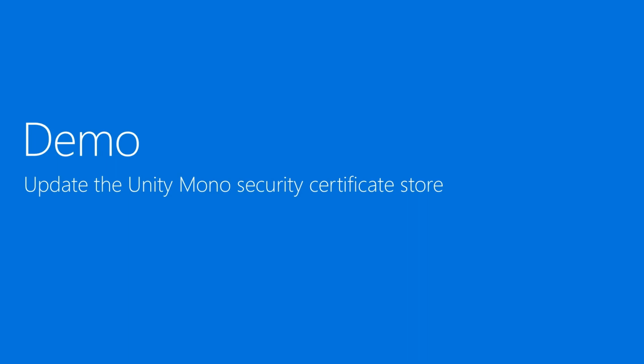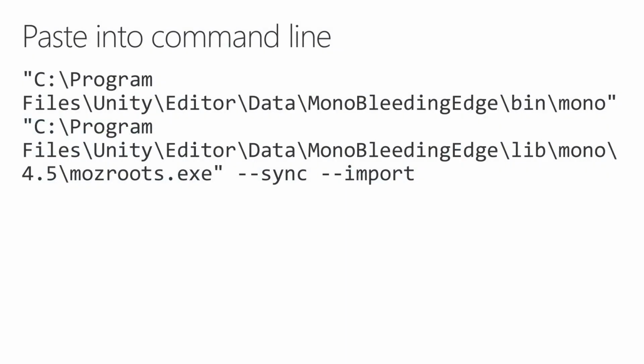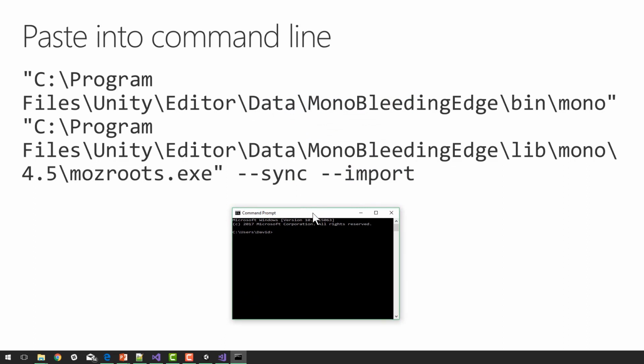So this is the command that we're going to have to paste into the command prompt. So I'm going to open my command prompt here, and this is kind of a lengthy command, so we'll try and paste it into chat so that you guys can copy and paste it.